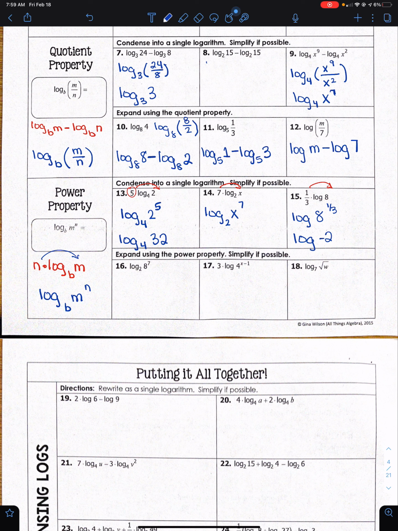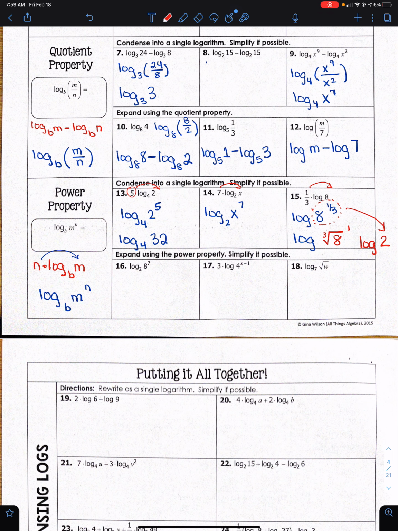It's going to be positive 2. Why do I keep writing negative 2? Because you want to think of it as power over root. So 8 to the 1/3 power. Okay, and 8 to the 1/3 power does come out to log of positive 2. Okay, but like I said, you can actually take this here and plug it into your calculator and it'll give you the answer too. Right?